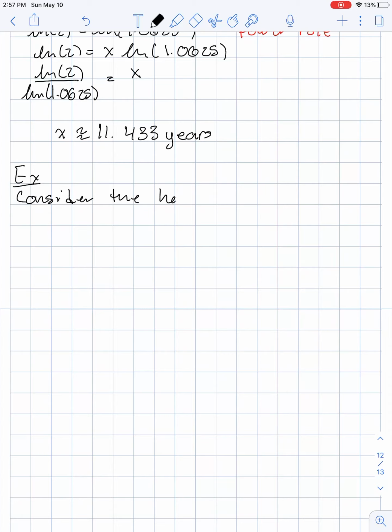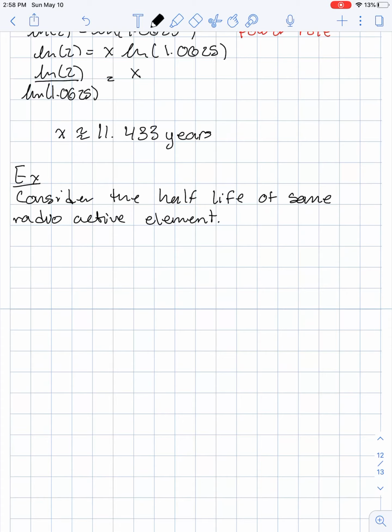So if we consider the half-life of some radioactive element, what that means is the half-life is the amount of time it takes for half of the sample to decay away.